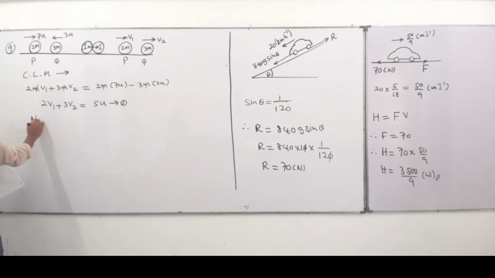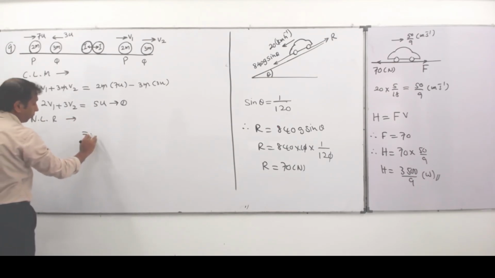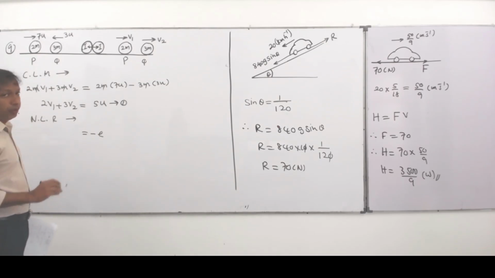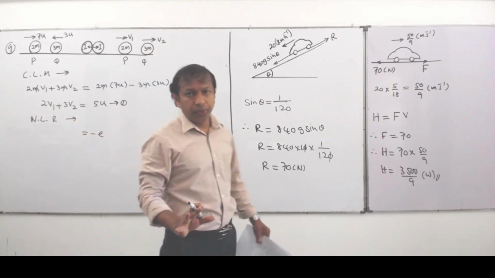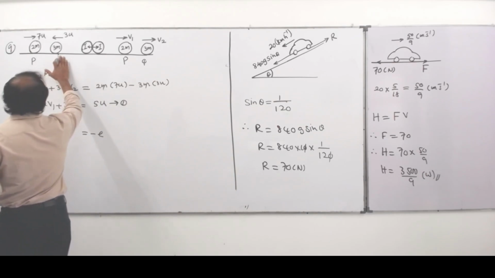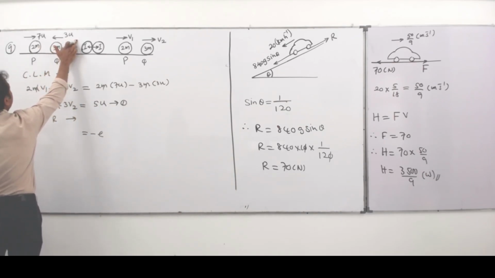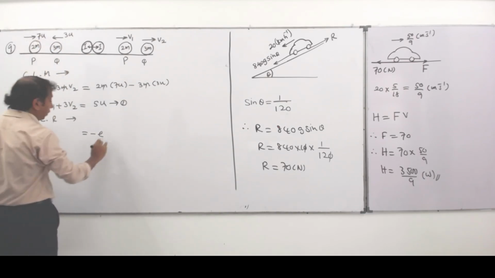Secondly, we apply Newton's law of restitution. It says minus e times the relative velocity before impact. To find the relative velocity, we have to stop one particle before and after impact. We'll stop Q. Before, to stop that, we put 3u rightward on both: 7u plus 3u is 10u.